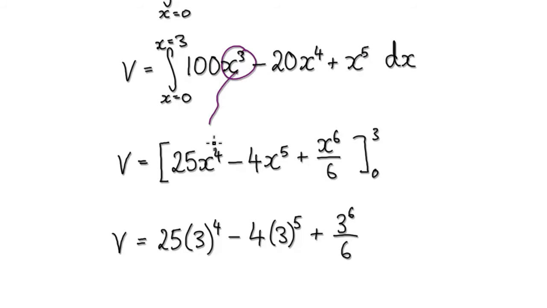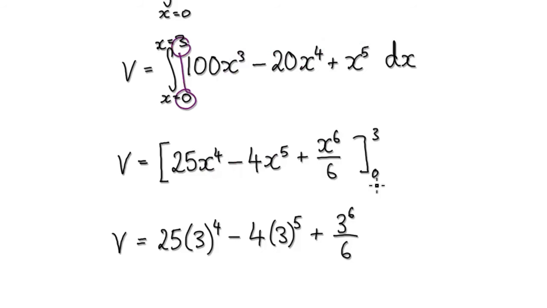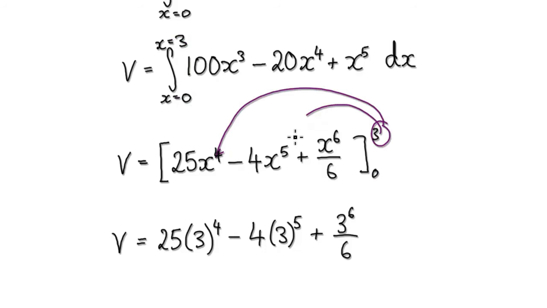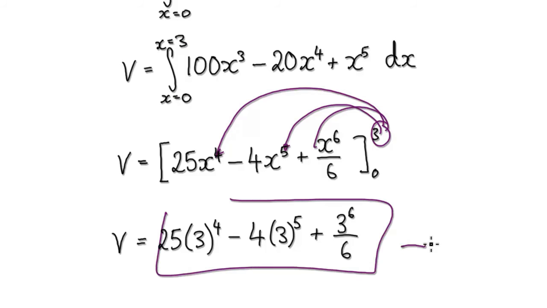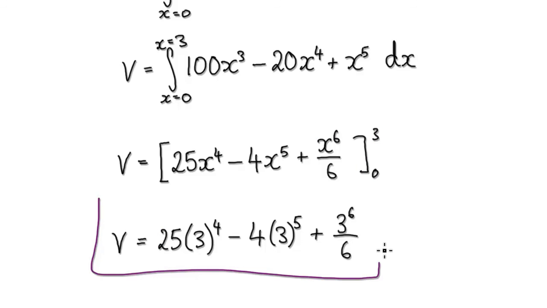So integrate this with respect to x, and then integrate this, integrate this. Remember, it's from 0 to 3. So now you can put 3 into here, 3 into here, 3 into here. That will give you this, and then take away, put 0 into here, here, and here. It will be take away 0, take away 0, take away 0. So the volume is given by this. Okay.